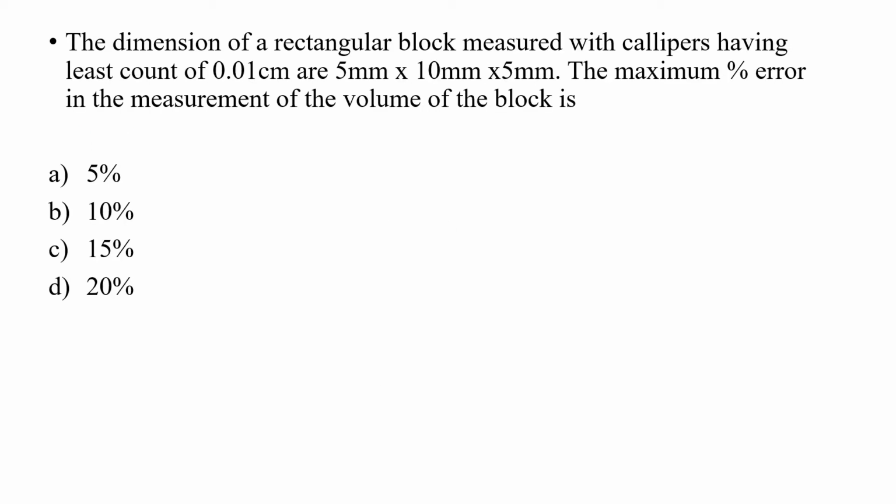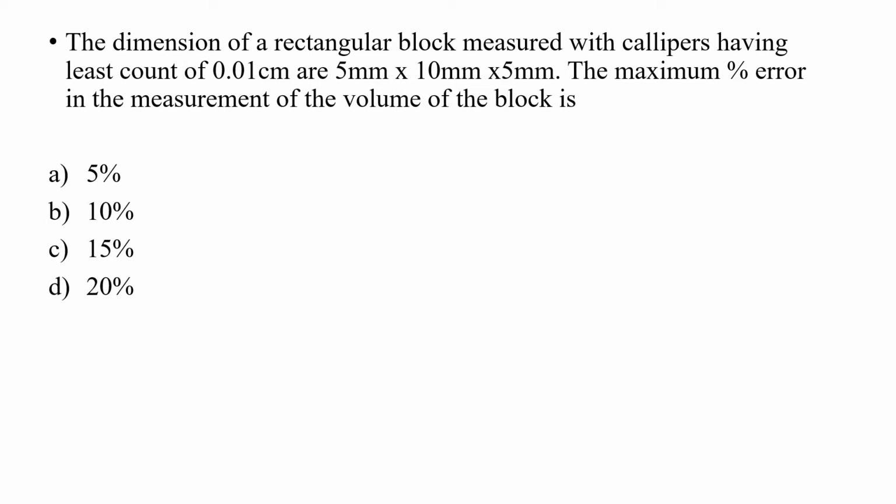Moving on to the next question: the dimensions of a rectangular block measured with calipers having least count of 0.01 centimeter are 5 mm, 10 mm and 5 mm respectively. The maximum percentage error in the measurement of the volume of the block is dash.